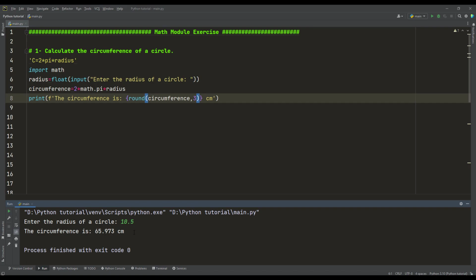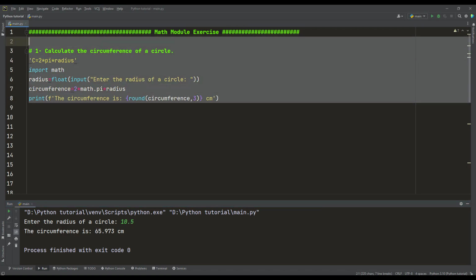By this exercise we practiced how to use pi from the Python math module, how to use the round function, and how to cast the input into a float value, and that's enough for this exercise.